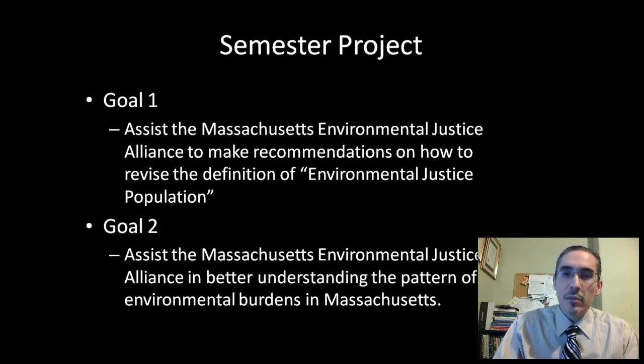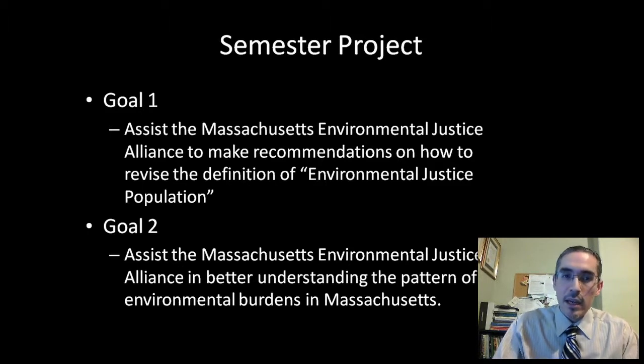The second goal that we're working on this semester is to better understand the pattern of environmental burdens in Massachusetts. And this is an interesting one because this is a kind of GIS analysis that's been done repeatedly by a lot of different researchers, and it's fairly complicated, but we're going to approach it in, I think, a more accessible way.